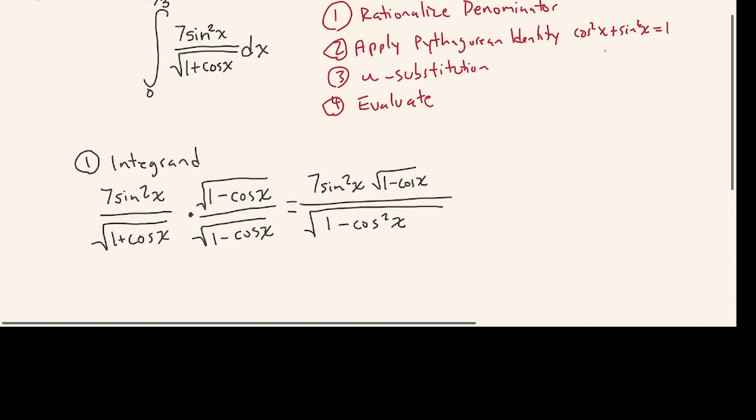So with this Pythagorean identity, cosine squared x plus sine squared x equals 1, that means that sine squared x is equal to 1 minus cosine squared x. So we can rewrite this as 7 sine squared x times the square root of 1 minus cosine x divided by the square root of sine squared x.